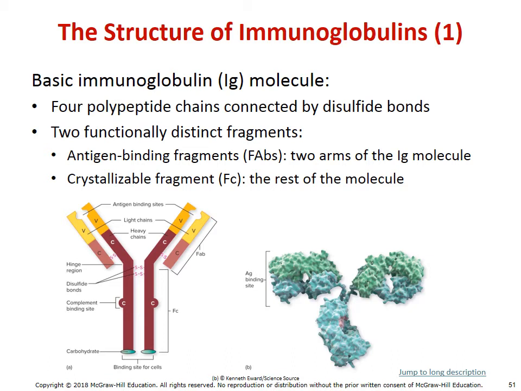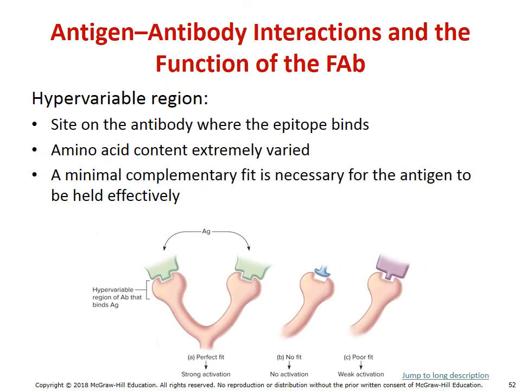We'll have the same variable region, which means we attach to the same exact antigen. There is going to be some wiggle room for the antigen-antibody interaction, so we can get partial fit that results in weak activation, or if we have full fit, we have full or strong activation, but if there's no fit, there will be no activation.